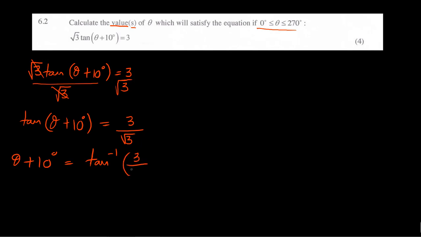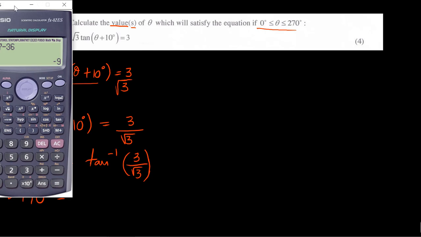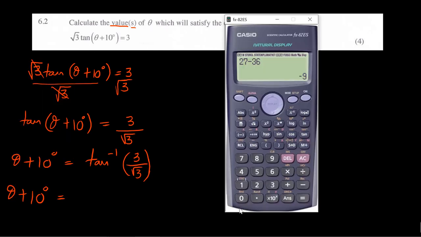Now theta plus 10 degrees is equal to, if now I can use the calculator, so what I have here is shift, remember you press cancel, press shift, arctan, and we've got 3 over root 3, and we get 60 degrees.